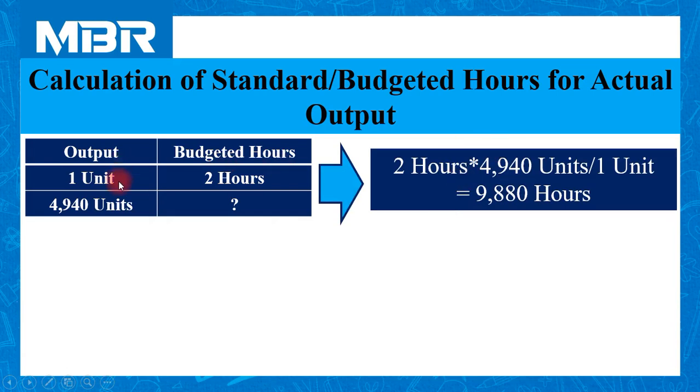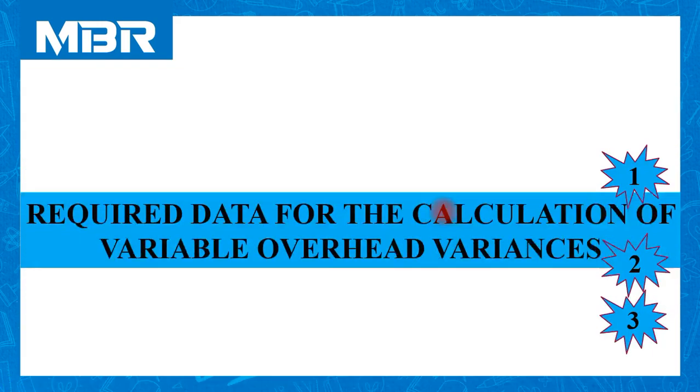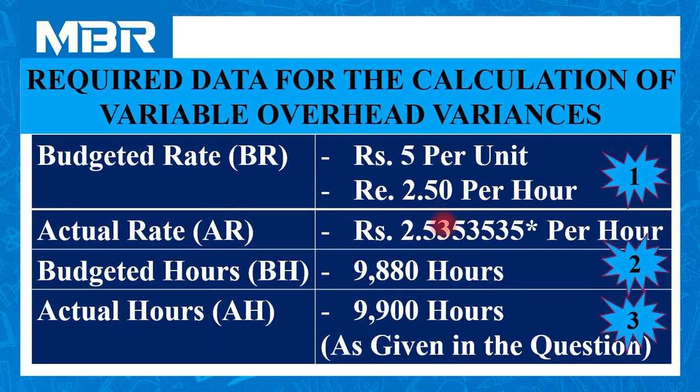When 1 unit is required, we need to spare 2 hours of labor. So for 4,940 units of manufacturing, how many hours are required to spend? And the answer is 9,880 hours. Now, using all our calculations, we need to prepare the required database for the calculation of variable overhead variances.